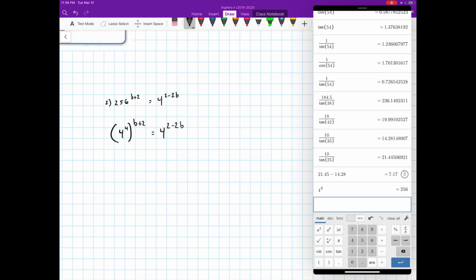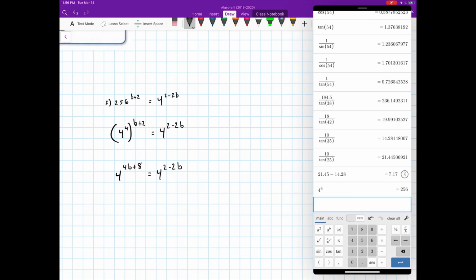Now I have to simplify the way this looks to make this just a 4 in the parentheses. So I'm going to multiply this 4 by this b plus 2. I'm going to multiply those two things in order to simplify it. So 4 to the 4b plus 8 is equal to 4 to the 2 minus 2b.